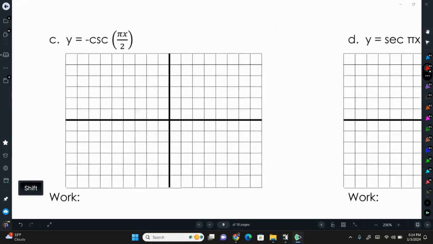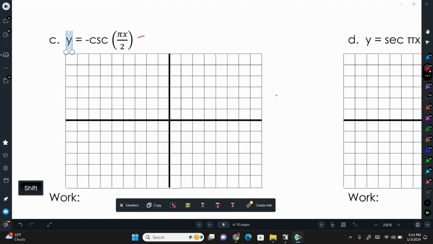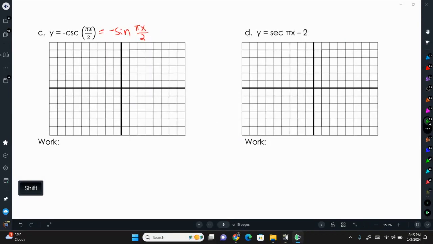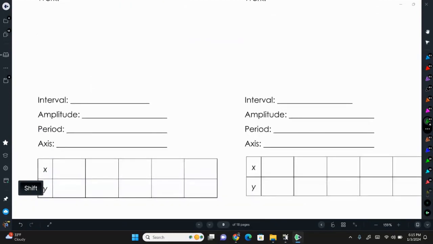So we have negative cosecant of pi x over 2. So this is going to be negative sine of pi x over 2. So that's what we're going to be working with here. So our amplitude is 1. Our axis or our midline is y equals 0.